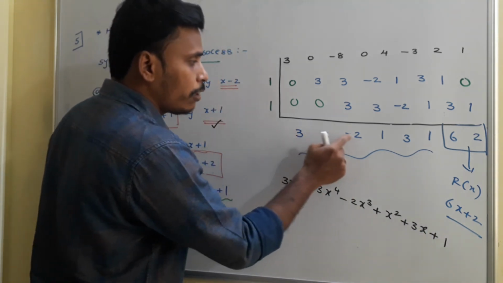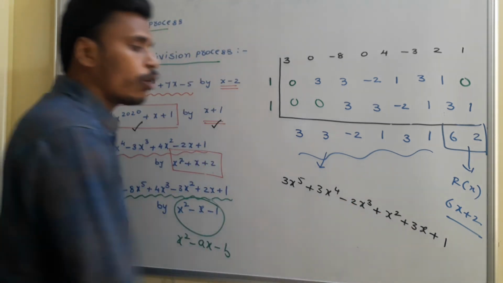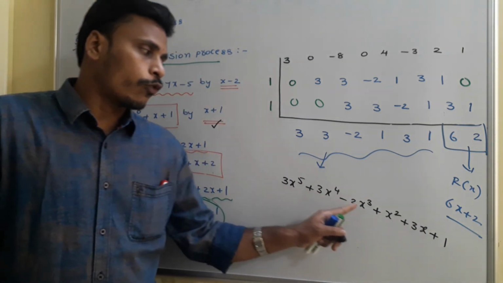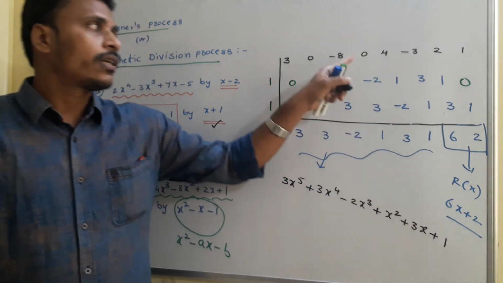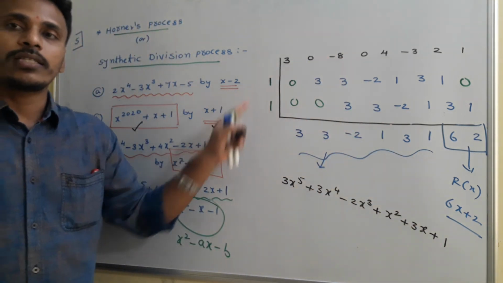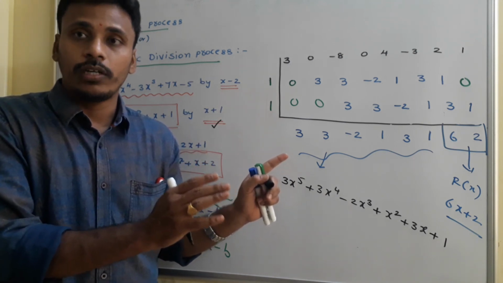Observe this: 3, 3, minus 2, 1, 3, 1 are the coefficients of x power 5, x power 4, x cube, x square, x and 1. This is the quotient, that is the remainder, this is the dividend, it represents the divisor, and that is the synthetic division process without going with the actual division.